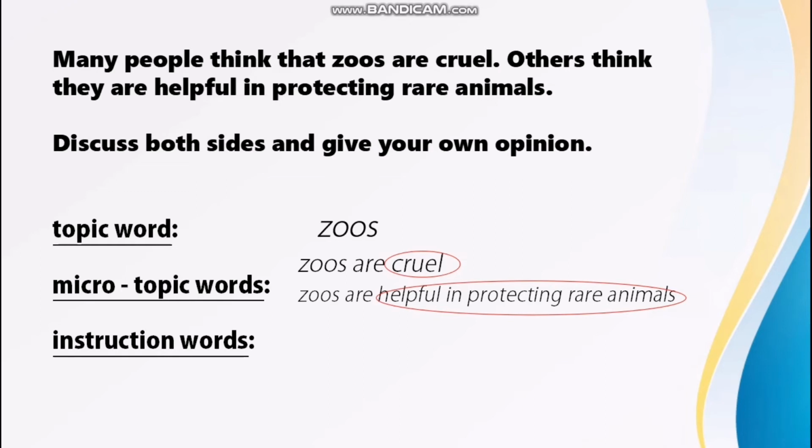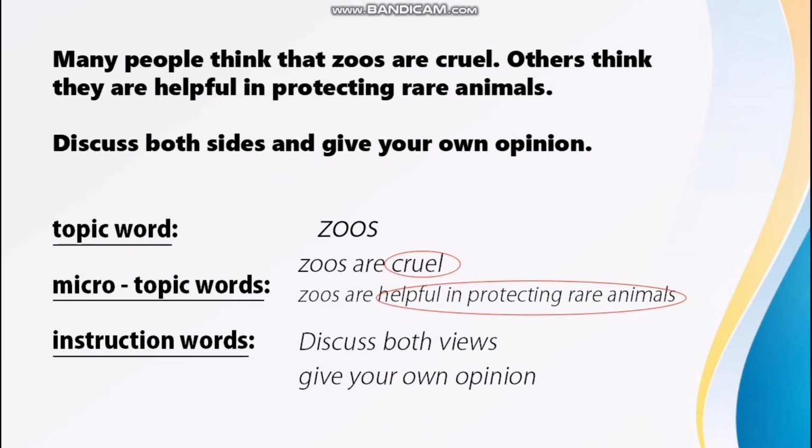So we have the question, discuss both sides and give your opinion. Okay, teachers, be extra careful with this question because there are two things that the students should do here, which is to discuss the two viewpoints and to give their own opinion.